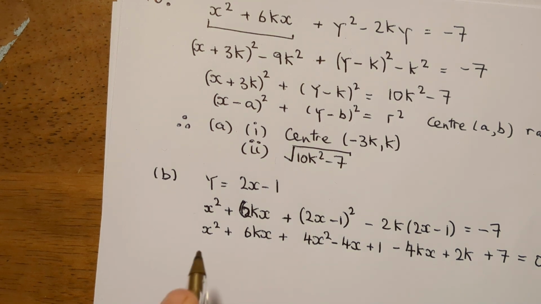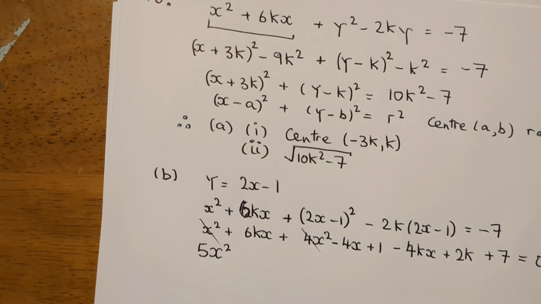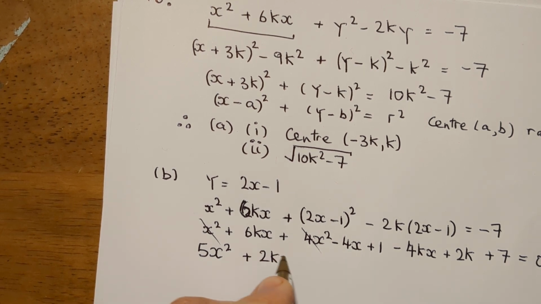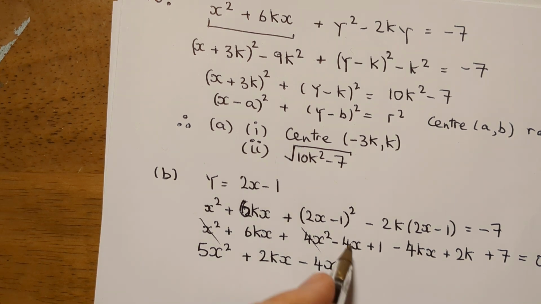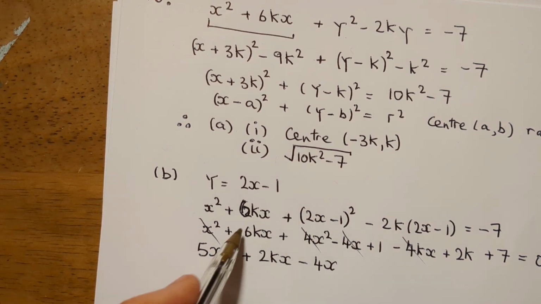So we get 5x squared. That's that and that. You've got 6kx minus 4kx, so it's 2kx, plus 2kx minus 4x. That, that, that.